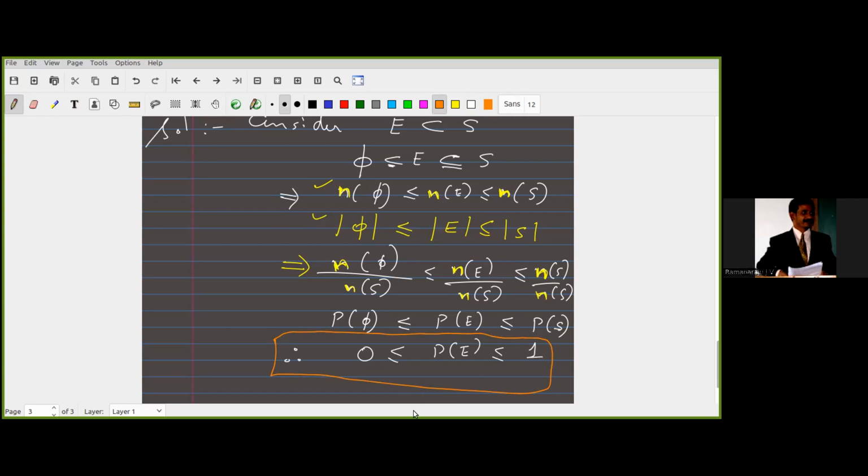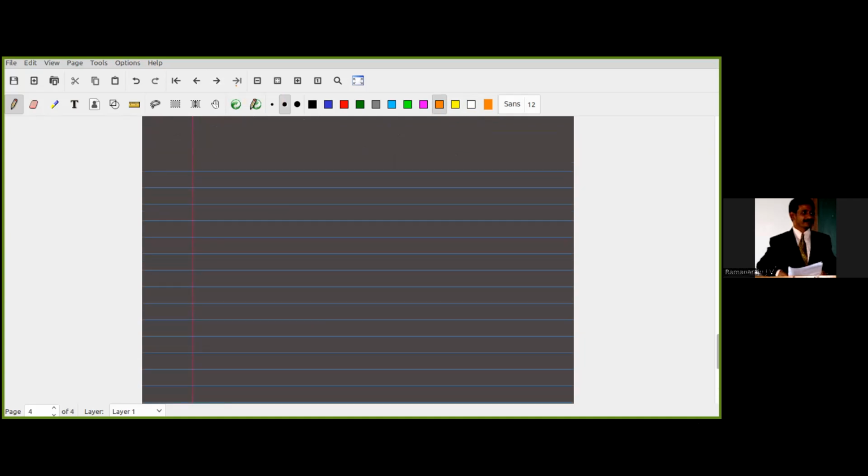So the next little proof that we have is another problem. I'll do it on the next page. Show that P of E bar is always equal to 1 minus P of E. So the idea here is, what is E bar?